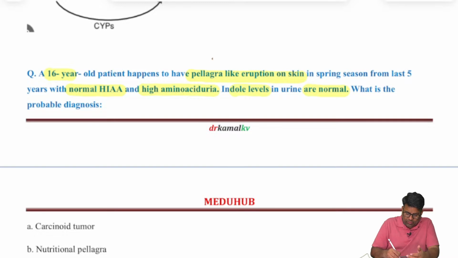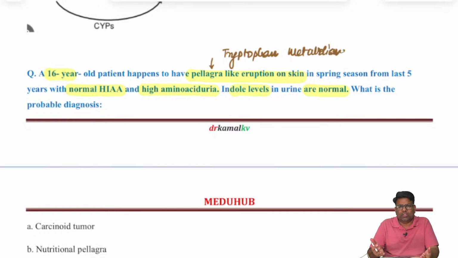If you see the word pellagra-like eruptions, it means something is related to tryptophan metabolism, because we know that niacin is produced from tryptophan. The serotonin thing is normal here, but amino acids are increased in urine.